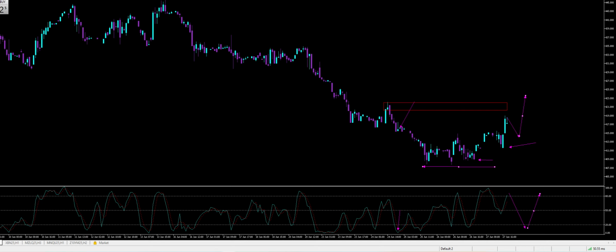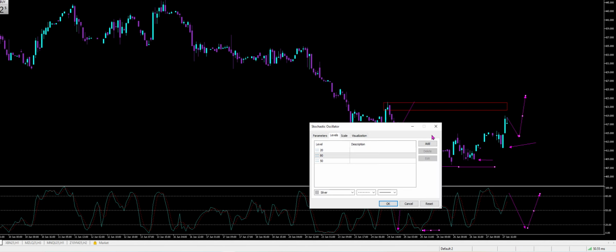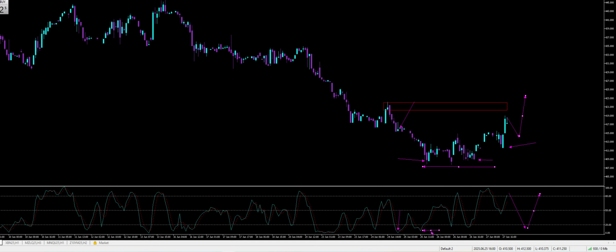But look what happens the next time. Now we have this low put in right here. Okay, but look at the oscillator here. The oscillator is higher. All right, even though it made a new low on the price chart, the oscillator did not make a new low. Okay, that's called divergence.